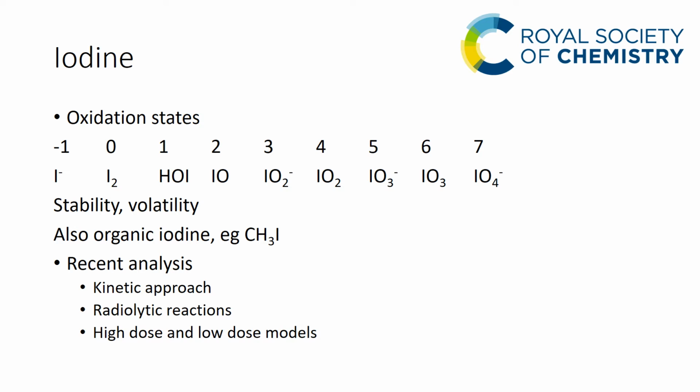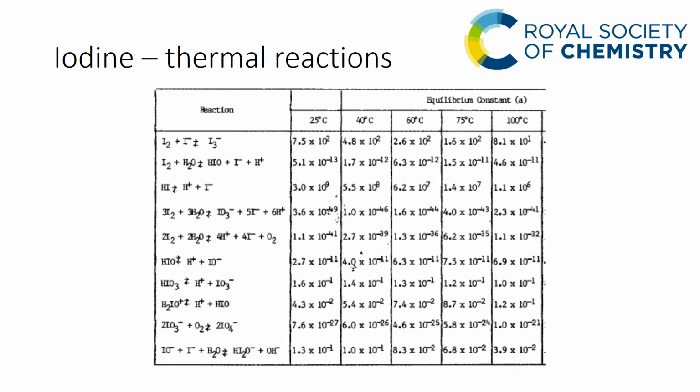So in recent safety case analysis, we adopt a kinetic approach, and this considers radiolytic reactions, and we have a high dose and low dose model to describe this. Before we go on to radiolytic reactions, I just want to say a few words about the thermal reactions. Thermal reactions aren't quite as important, but nevertheless we still have to consider them. I'm not going to dwell on the numbers here because these are just the equilibrium constants for the reactions taken from the literature.